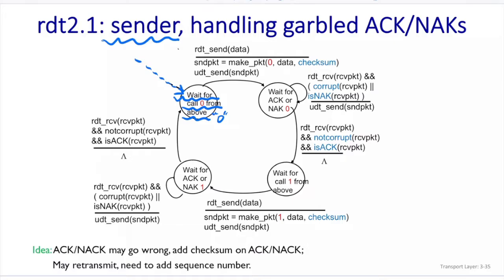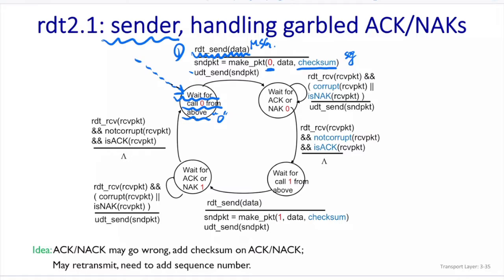The application sends the message to the transport layer. Again, we need to create a segment. We have the checksum mechanism, and now we have to specify that this is packet number 0, and then we send the packet to layer 3.